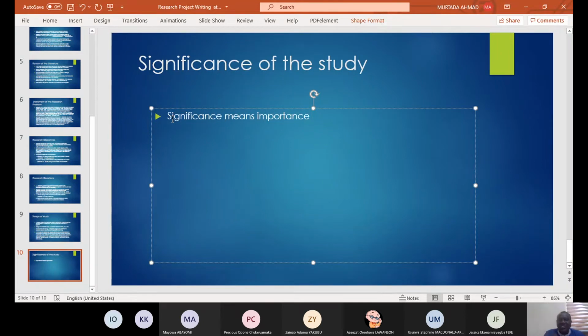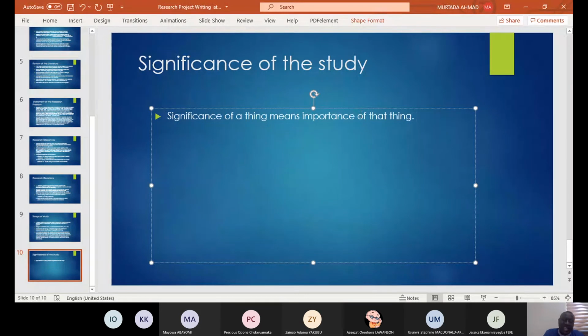So, when you say significance of a thing, it means importance of that thing. If I would say it in a nutshell, significance of a thing means importance of such, importance of that particular thing.